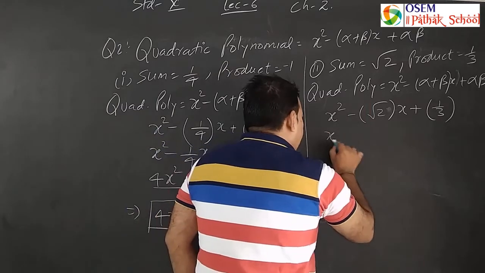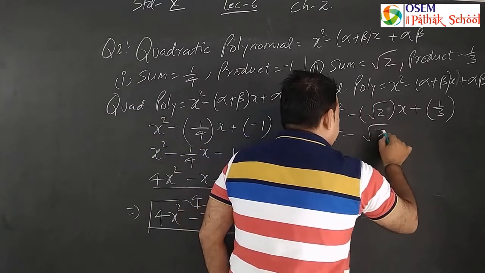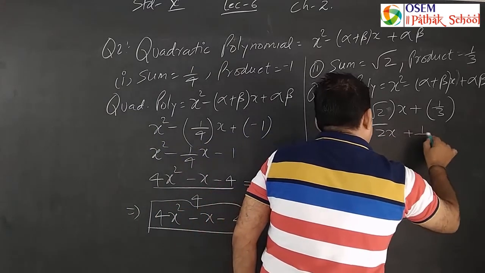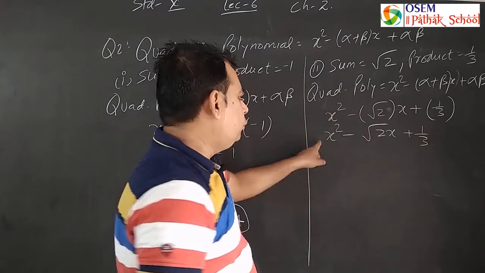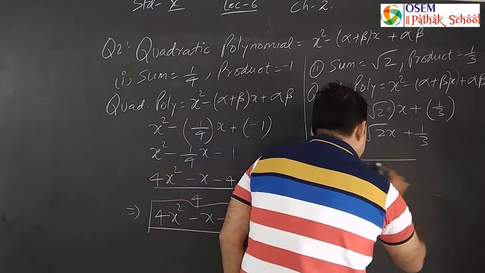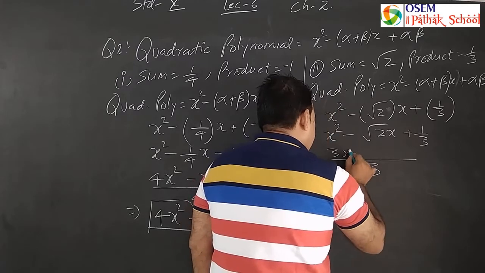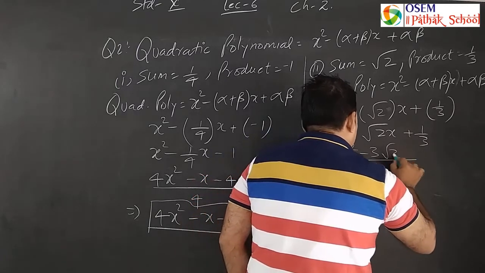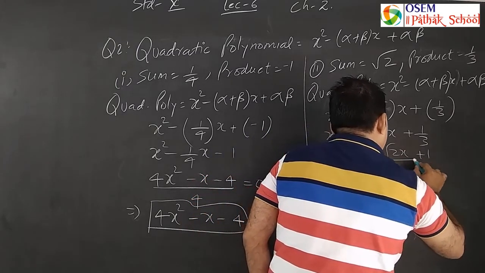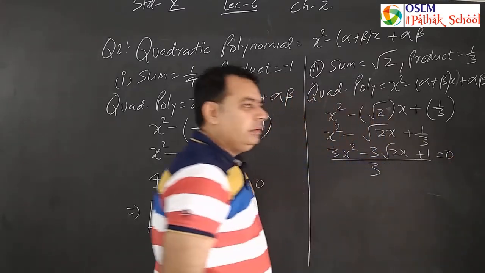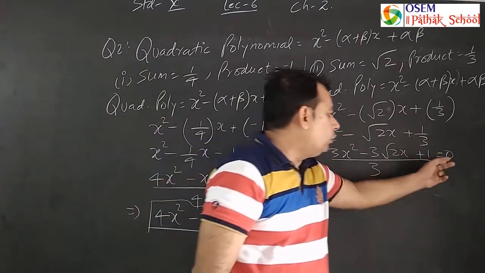Now do the LCM: 3x square minus 3 root 2 x plus 1 equals 0. As we know, anything multiplied with 0 becomes 0.